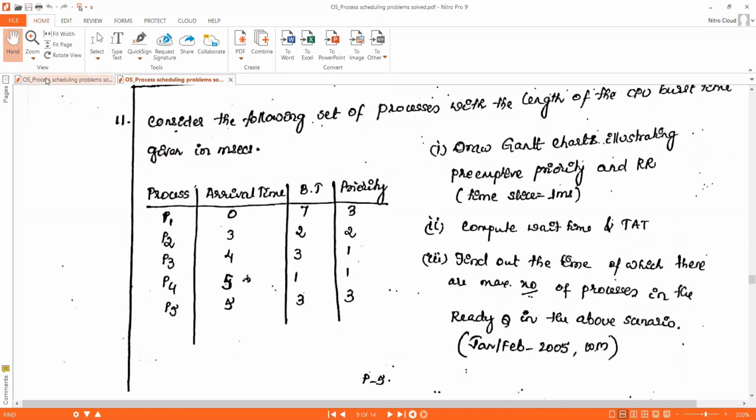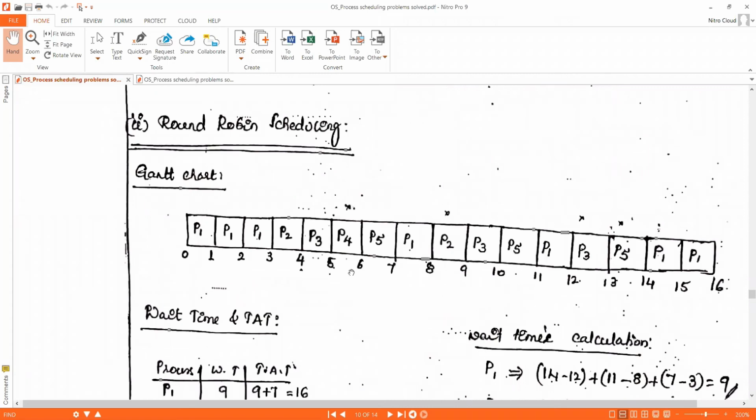So CPU will execute process 4 for 1 millisecond, then CPU will execute process 5. After executing process 5 for 1 millisecond, CPU will be given to process 1. Process 1 already executed for 3 milliseconds.